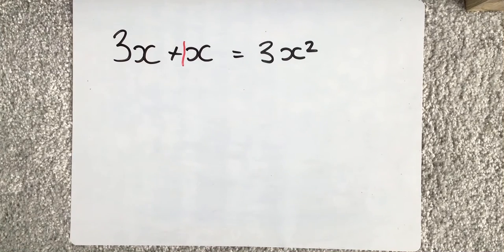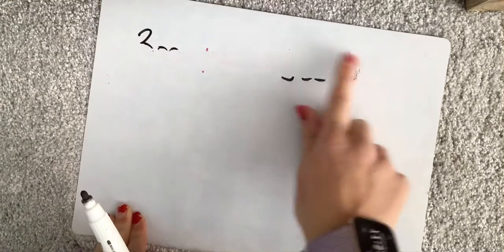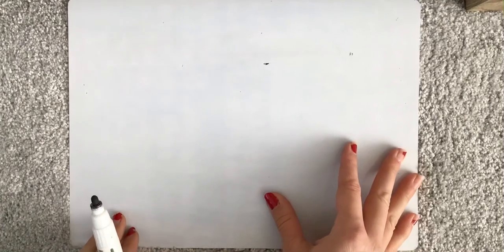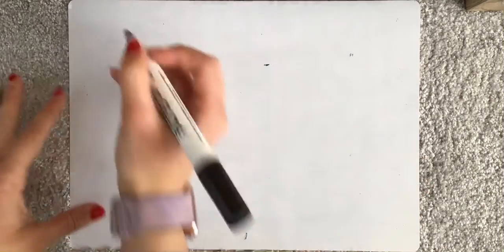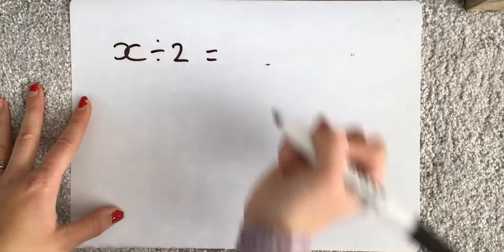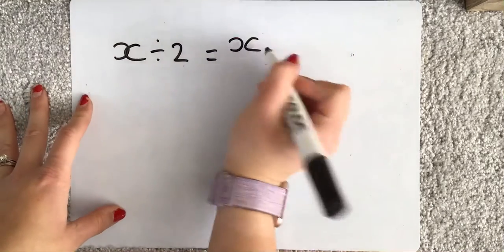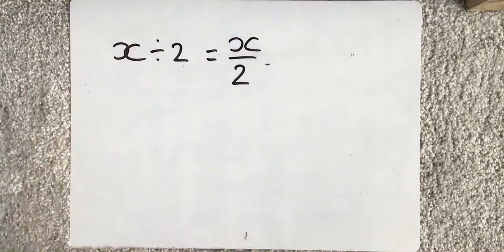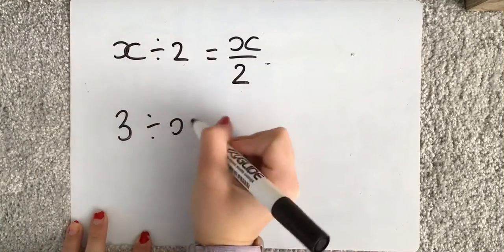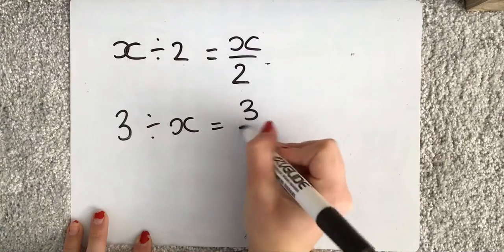Okay, now I'm not always going to multiply. I've just shown you loads where I multiply. I could divide. I could have, if I had something like x divided by 2, you'll sometimes see this written like that, x over 2. You might have something like 3 divided by x, and you would see it written like 3 over x.